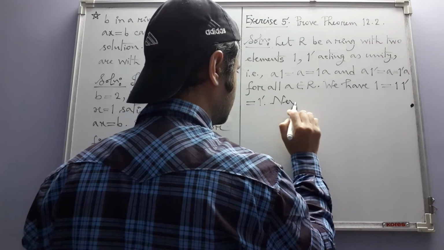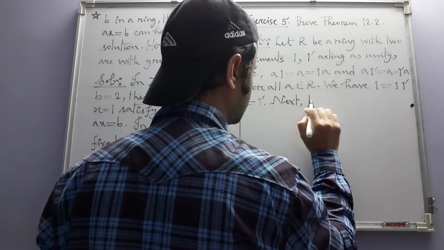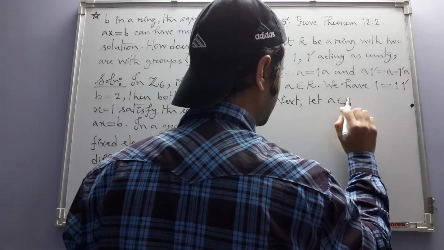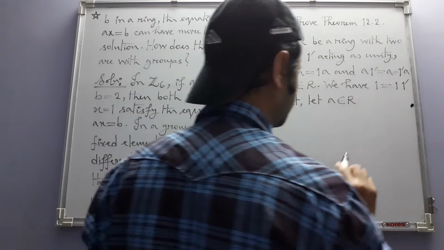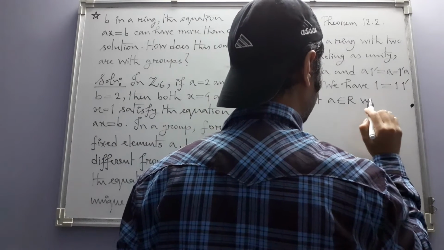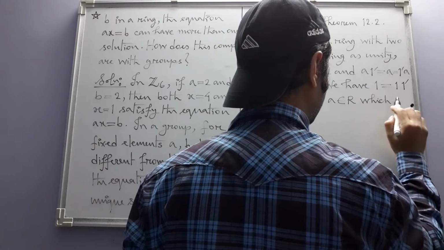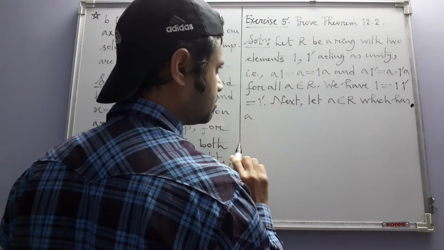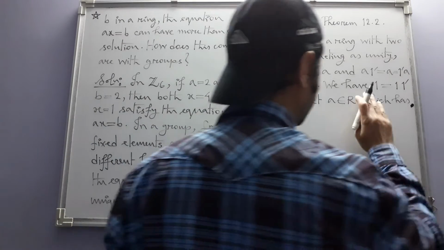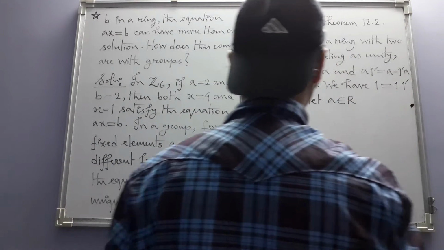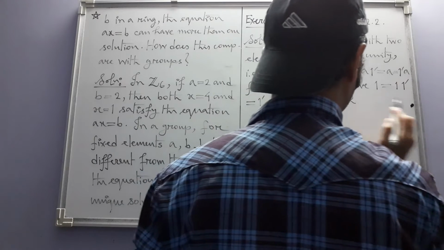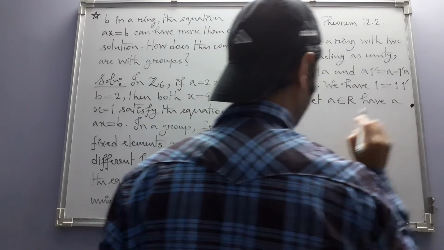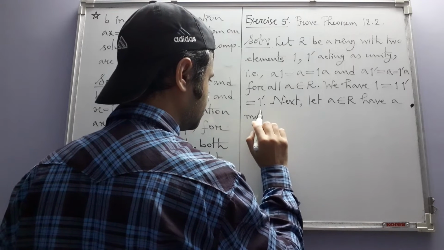Next, let A belonging to R have a multiplicative inverse.